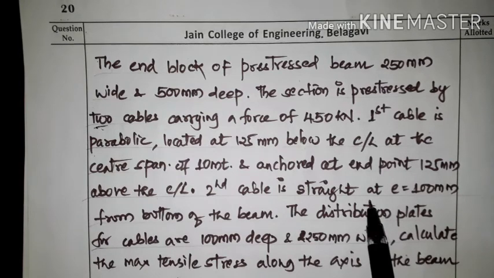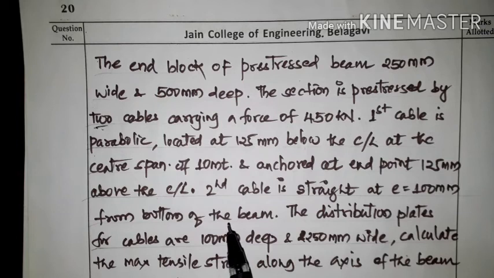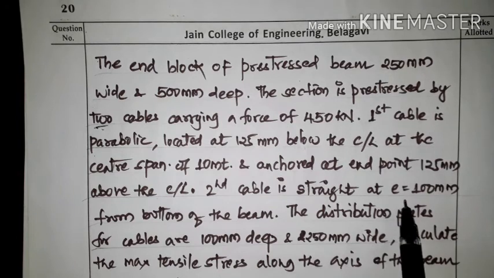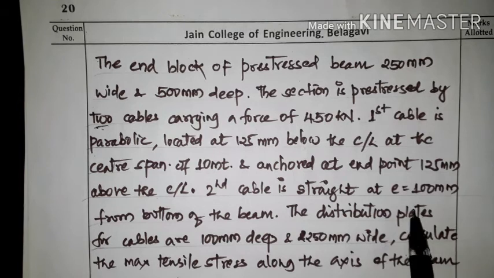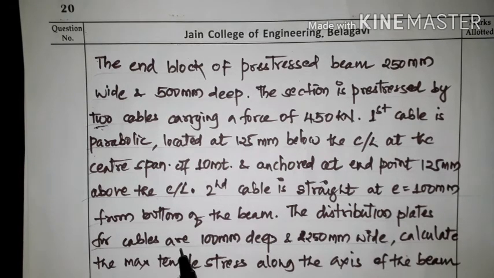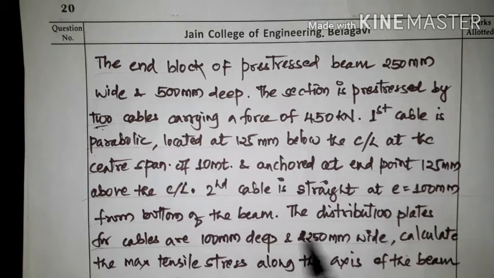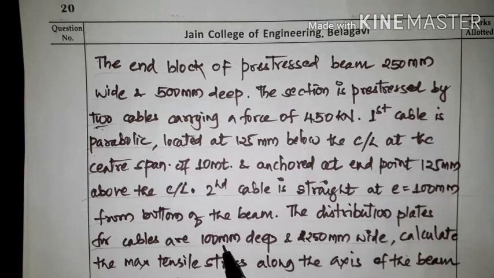So again the second cable is straight, it is not parabolic, with the eccentricity 100 mm from the bottom of the beam. The distribution plates, nothing but the anchorage plates for cable are 100 mm deep and 250 mm wide. Okay, so the plates are used as 100 mm deep and 250 mm wide. Okay, understood?